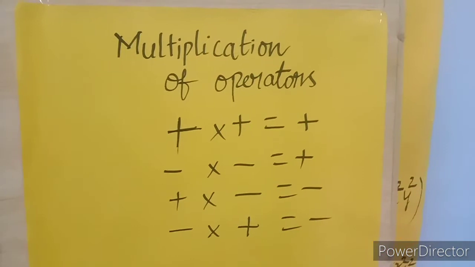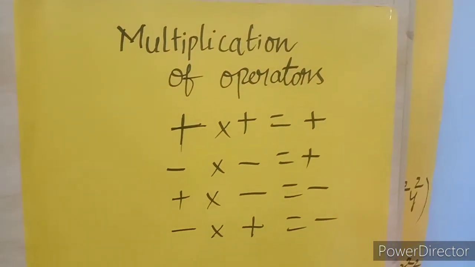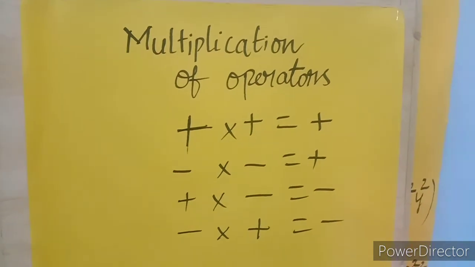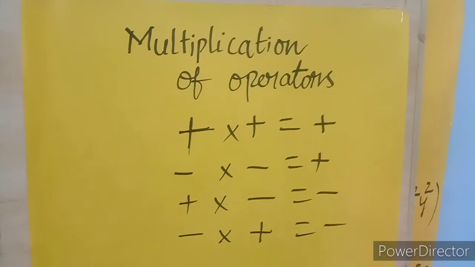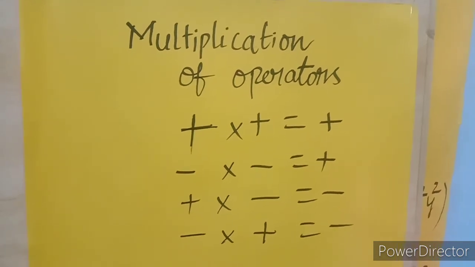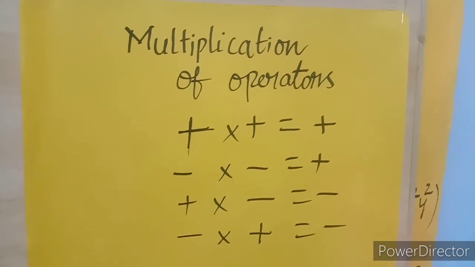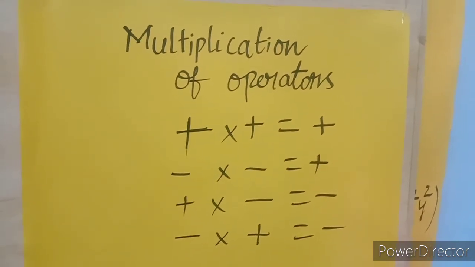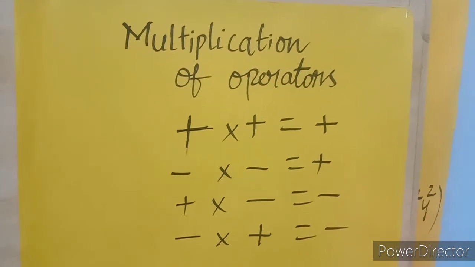You must understand about multiplication of operators, that is addition and subtraction. When we are multiplying any two positive terms, that is plus into plus, the answer will be plus. When we are multiplying negative terms, minus into minus, the answer will be plus.